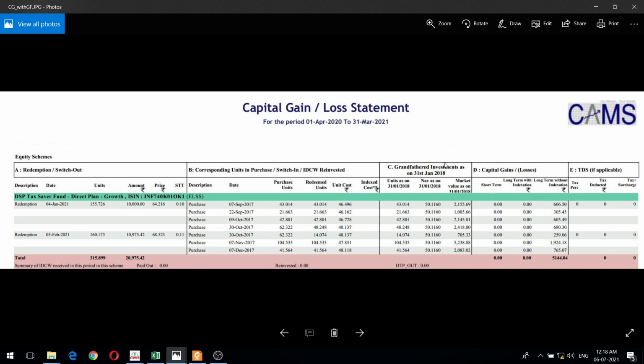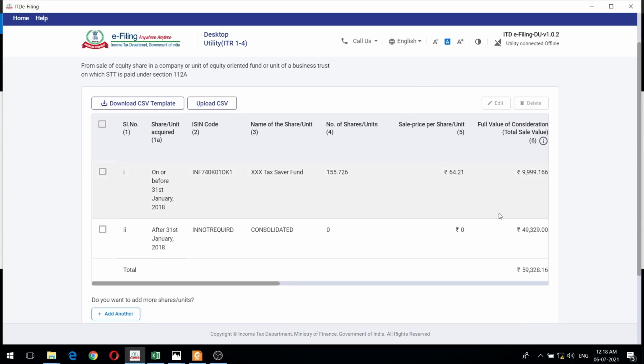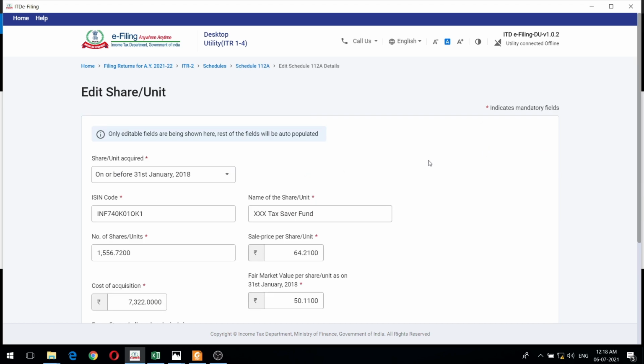Now let's come to our ITR2 form. In your case it will be blank, so you have to click on add another. Since I have already added it, I'm just going to the edit button. We'll be adding the first entry of a particular scheme where I have grandfather investment, right?